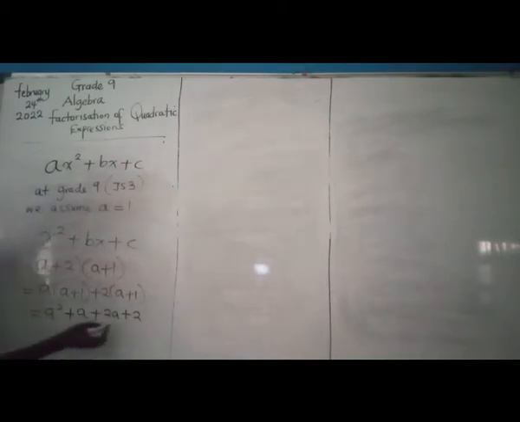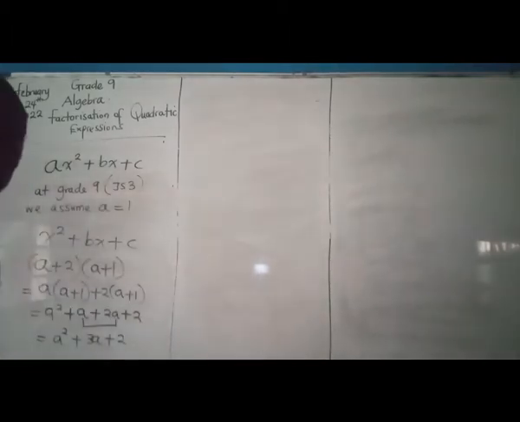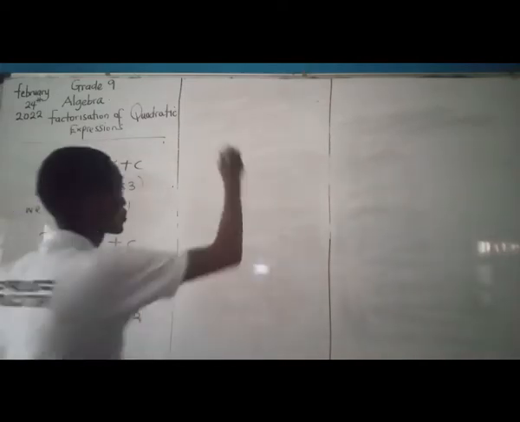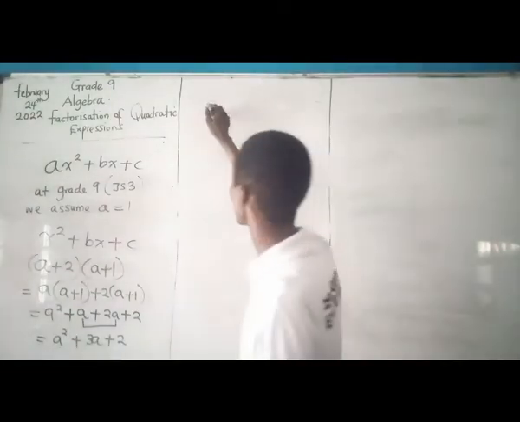We will add these two together. We're going to have a squared plus 3a plus 2, and this will be our final answer. So a squared plus 3a plus 2 is our result. Let's take it here and analyze our result.